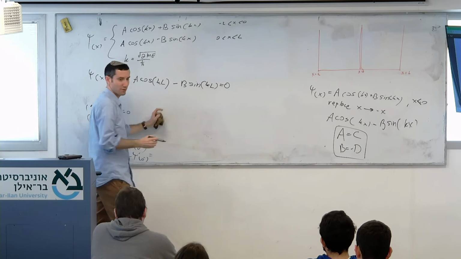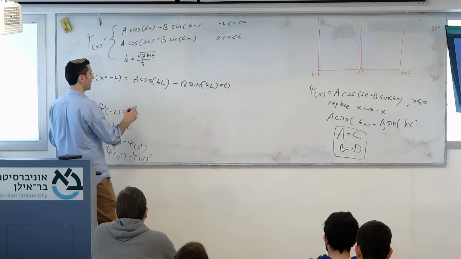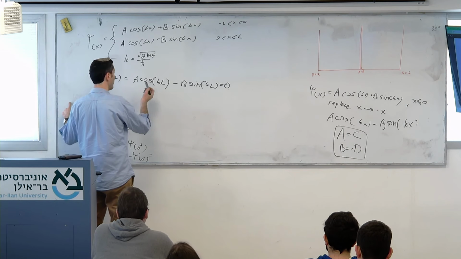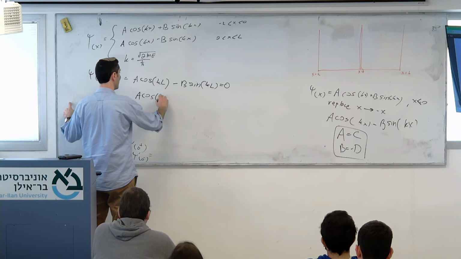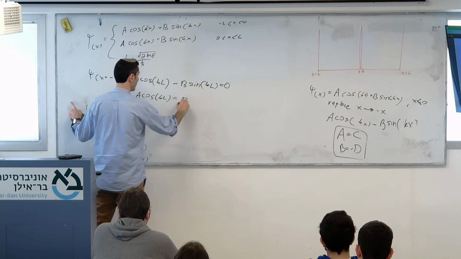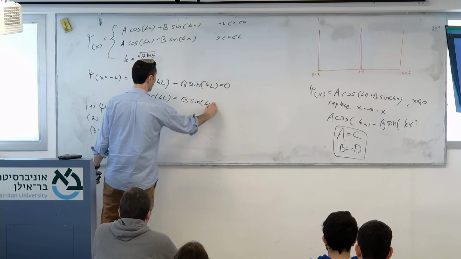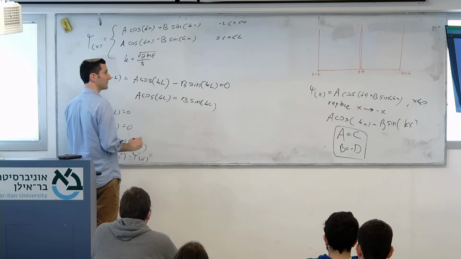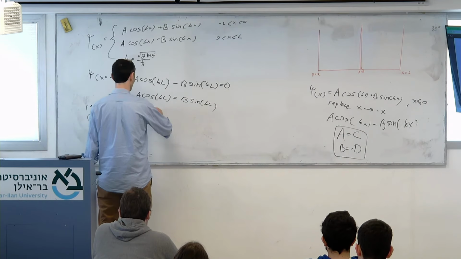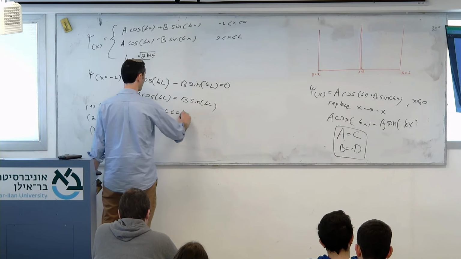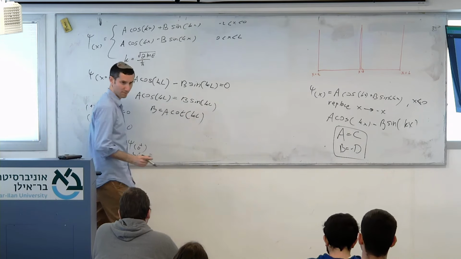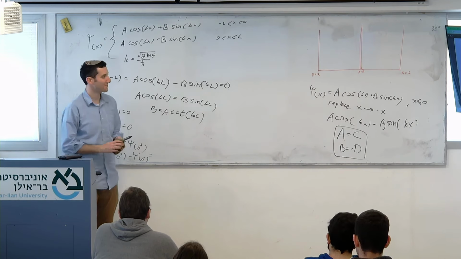This must equal 0. Therefore, A cosine kL equals B sine kL, and I can conclude that B is equal to A cotangent of kL. Good.